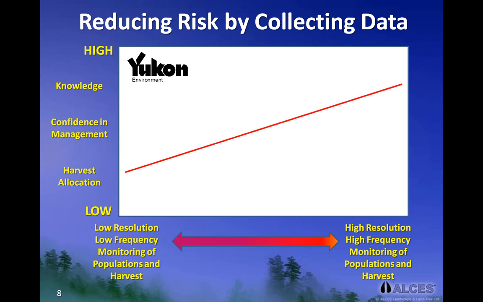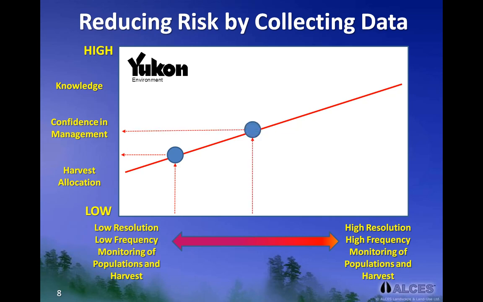This red line shows that there is a relationship between the resolution and frequency of monitoring and our confidence in management, which is reflected in our level of knowledge and the relative size of the harvest allocation. So if we are conducting low resolution monitoring at a low frequency, such as once every 10 years, then we will have a low harvest allocation because our knowledge and confidence in management is relatively low.